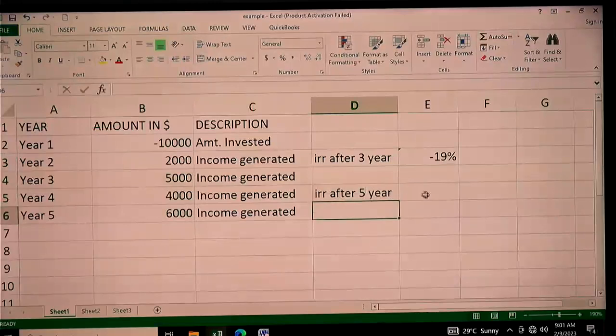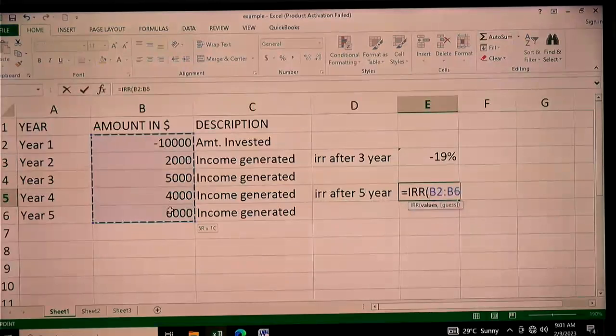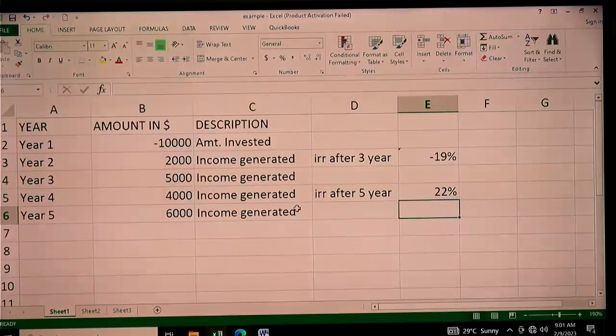So what do we get here? We insert the internal rate of return formula, we select internal rate of return, then the series of payments from here up to here, and you'll find that it will give us a positive number, that our internal rate of return is positive.